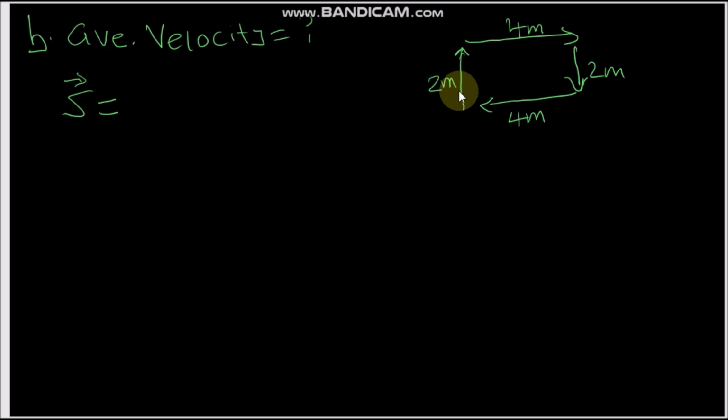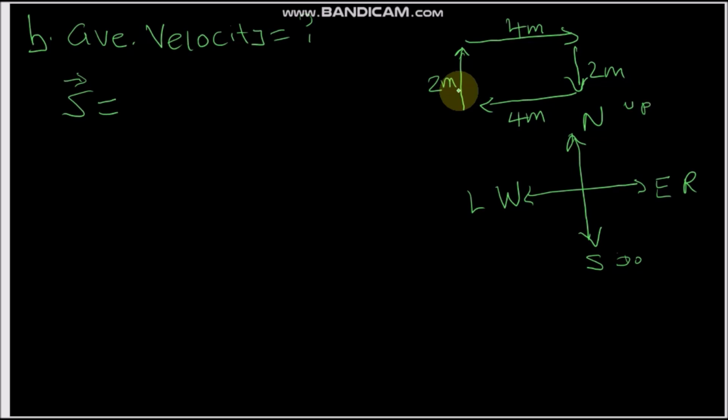To calculate the total displacement, we put the values of the displacement on the coordinate system. That means always in this coordinate system, here is, for example, east, west, south, north, or here we have right, left, down, up.